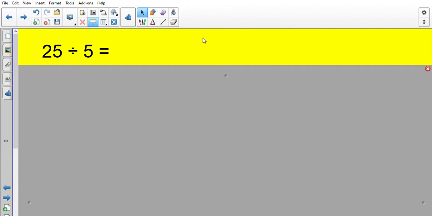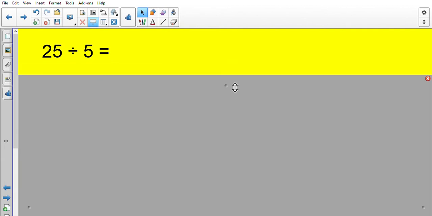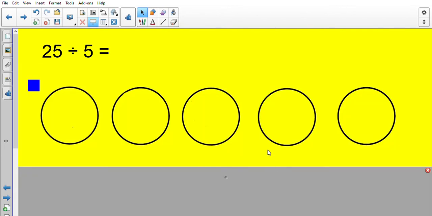Let's have a look at some ways that I thought of. So the first way I thought is I would get 5 groups because I'm dividing by 5. 1, 2, 3, 4, 5. And I would put 25 objects into those groups and I would share them equally. So I would do 25 shared by 5.